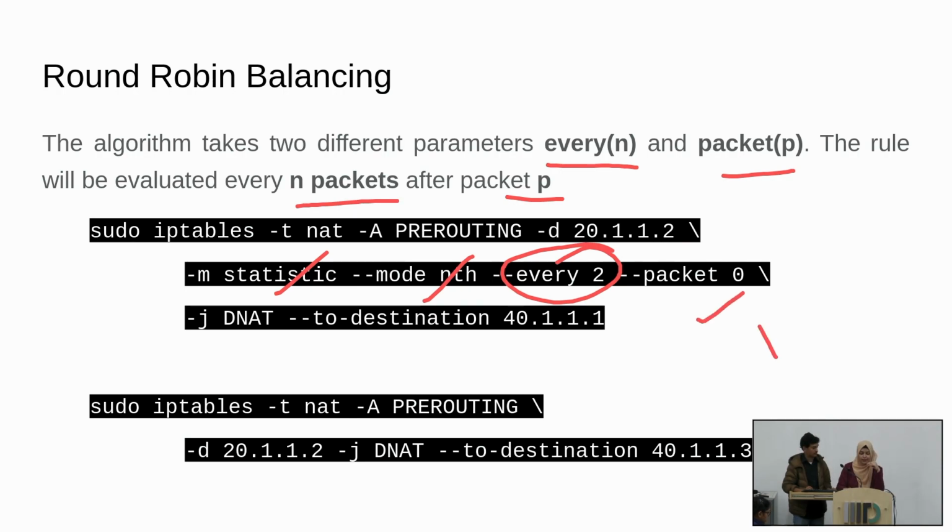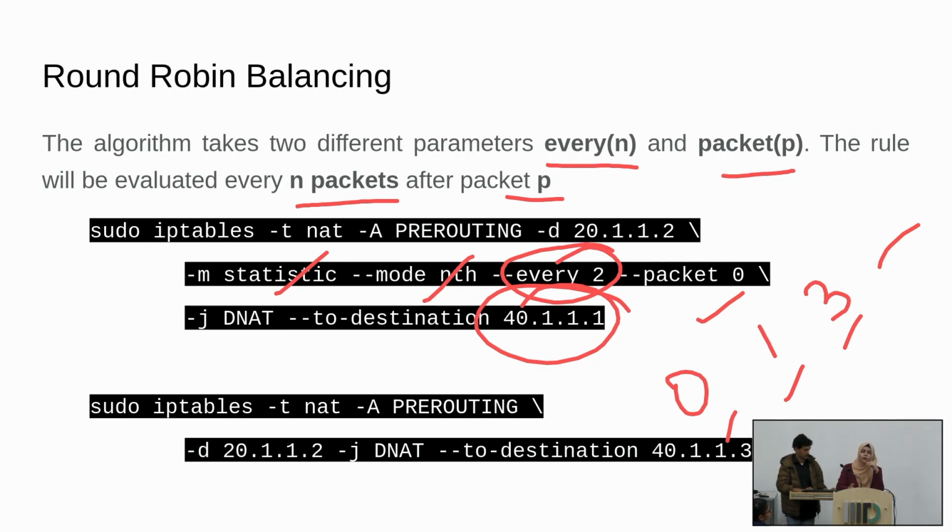So packet 0, the first packet, and the third packet will go to server 40.1.1.1. You have specified a sort of time quantum by using this round robin nth mode, and for this sequence the packet is directed to server 1, and the remaining packets obviously go to server 2, that is 40.1.1.3. If you want, you can mention it, otherwise the default case is this.